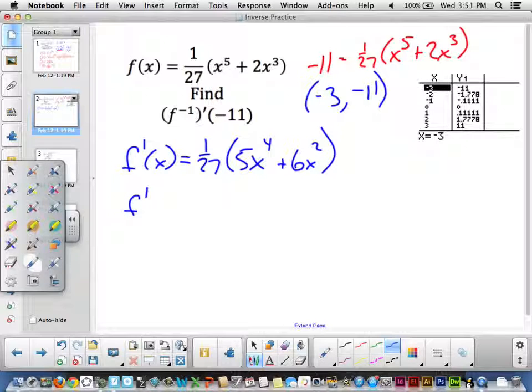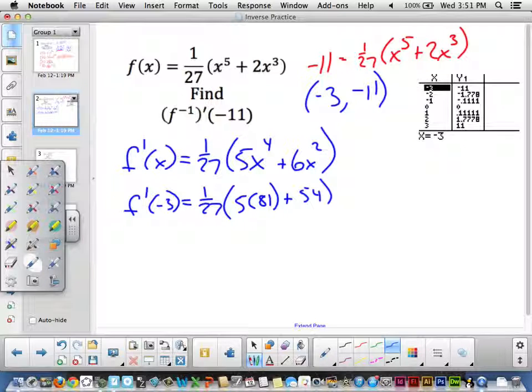Let's do f prime of negative 3 then. So we got 1 over 27. Negative 3 to the 4th would be 81. 5 times 81 plus 6 times 9, divided by 27, is 17.